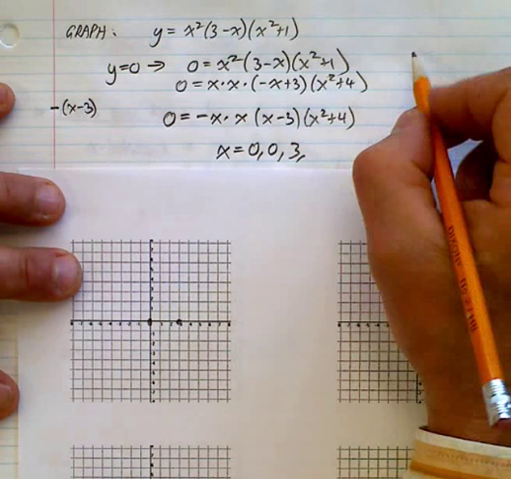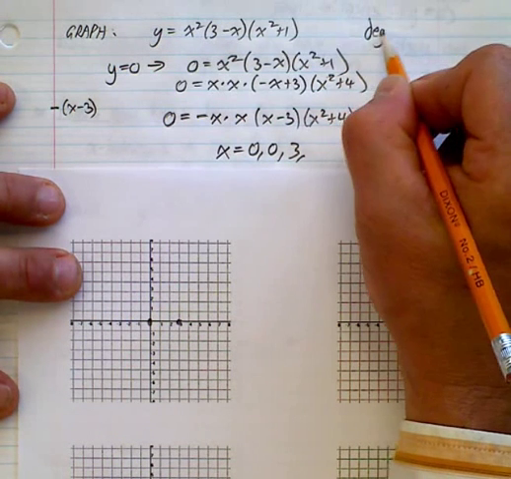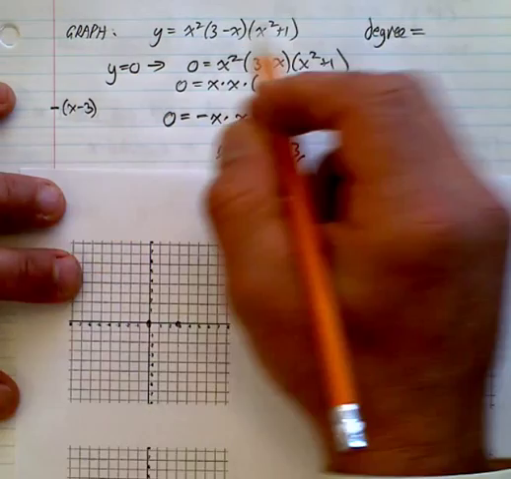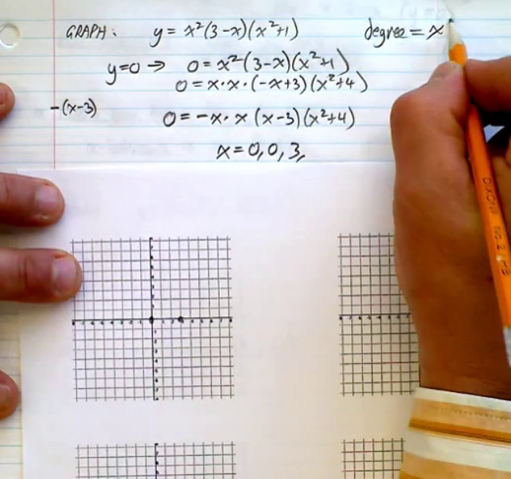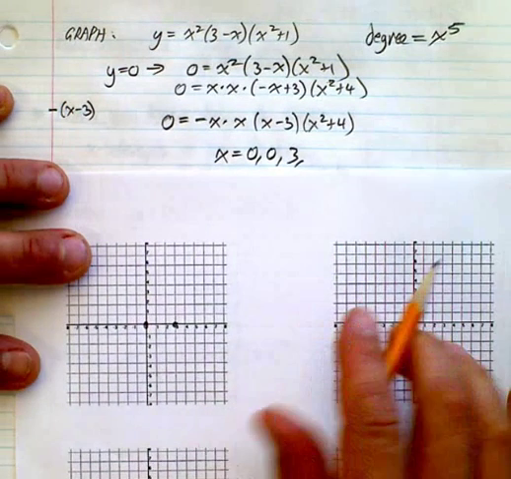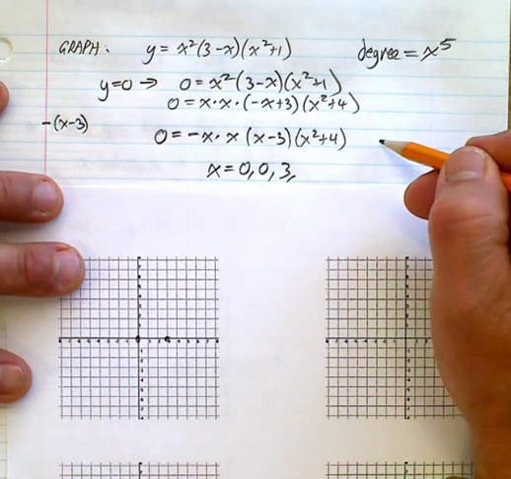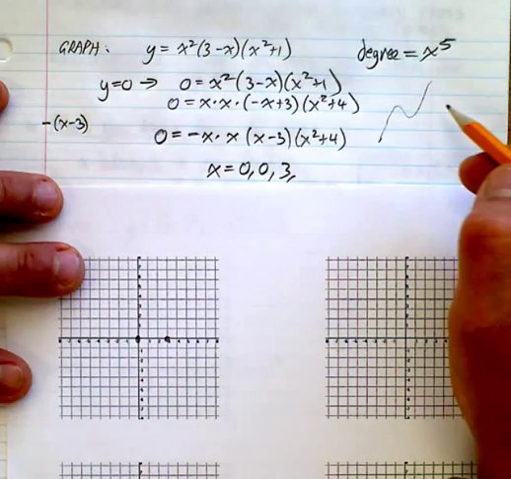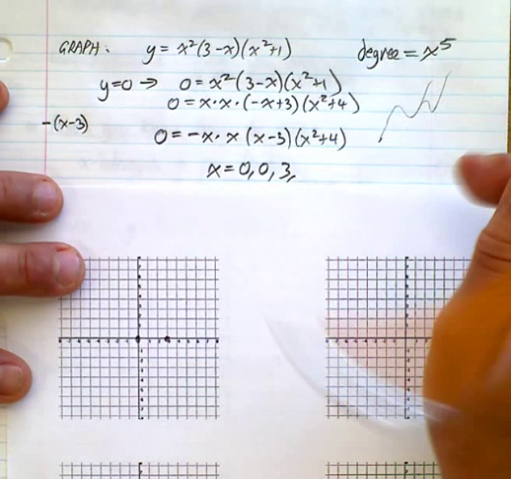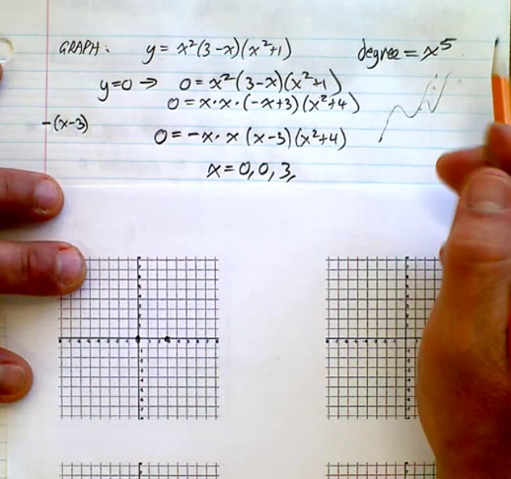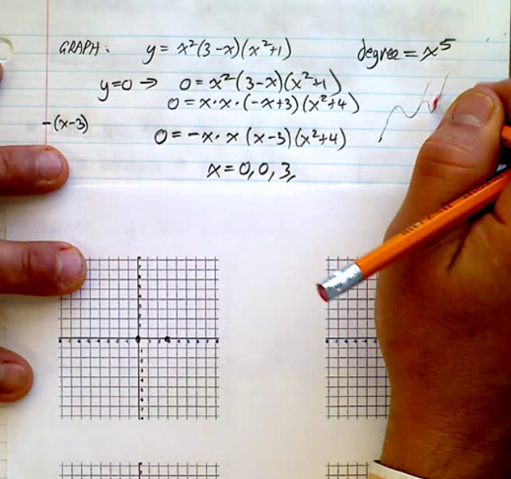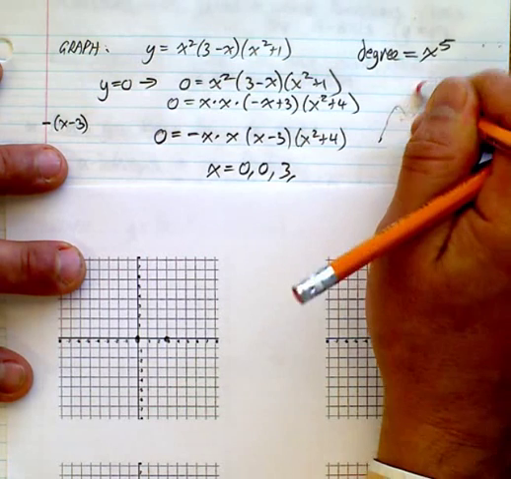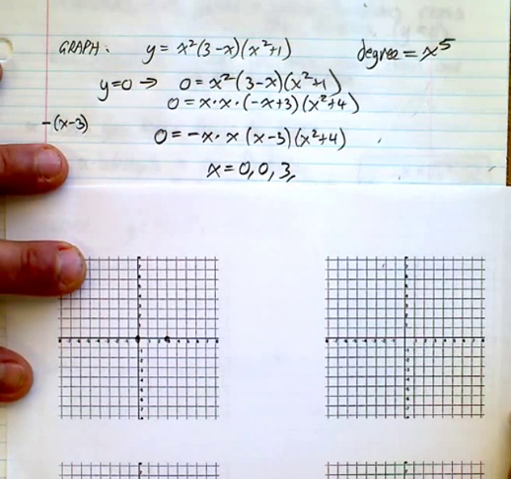What's the degree of this thing? If you multiplied it out, what would you have? You'd have an x to the power, well, there's 2, 3, 4, 5, so it's an x to the power of 5. That means it's an odd function, so it starts down at the bottom if it's positive, right? Remember we talked about how if it's 5, it could have 4 turning points, it could have 3 turning points, it could have a bunch of different turning points.